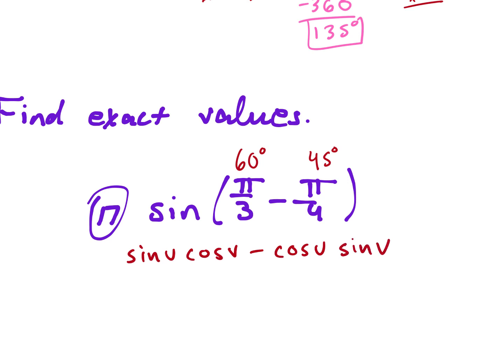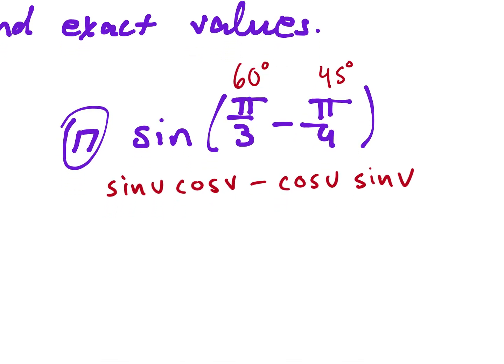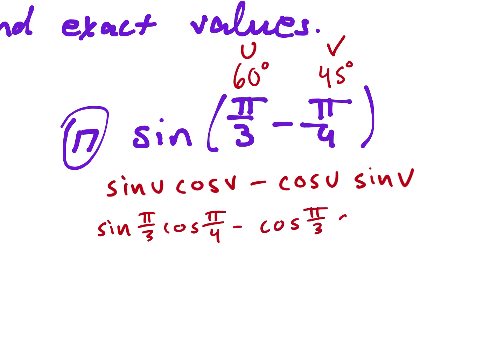When I was in high school, I had to remember them, but it's been a long time, so I don't remember them anymore. All right, so our u is pi over 3 and our v is pi over 4. So sine of pi over 3 times cosine of pi over 4 minus cosine of pi over 3 times sine of pi over 4.